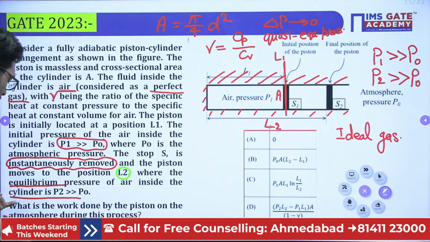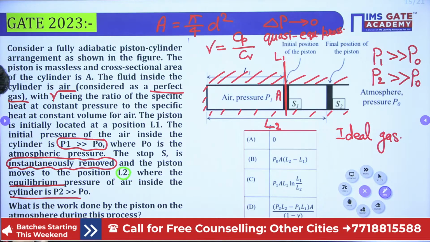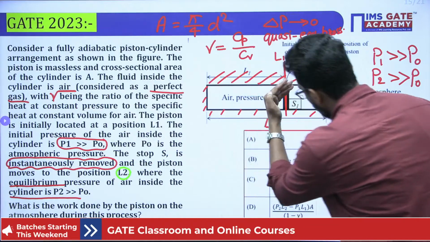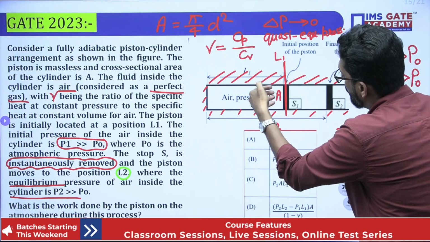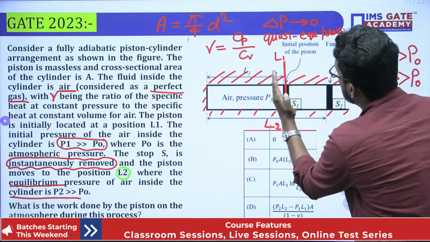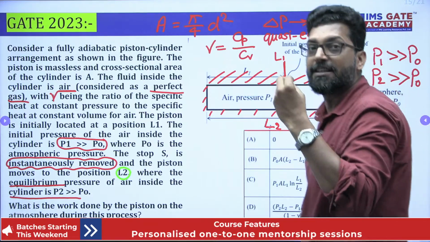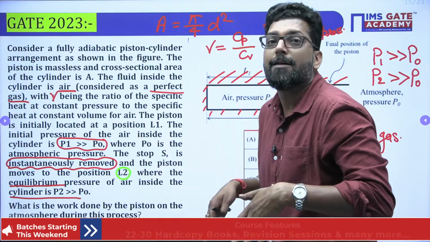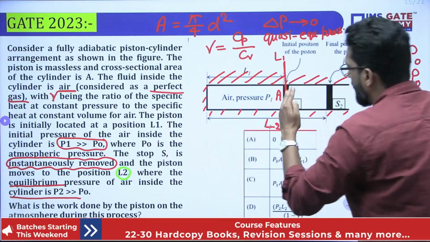So, what is the work done by the piston? There is again a very confusing line: on the atmosphere. That means, see beta, if the piston moves, the piston will displace the atmospheric air, like breathing. If you breathe, the stomach will displace some atmospheric air surrounding it.